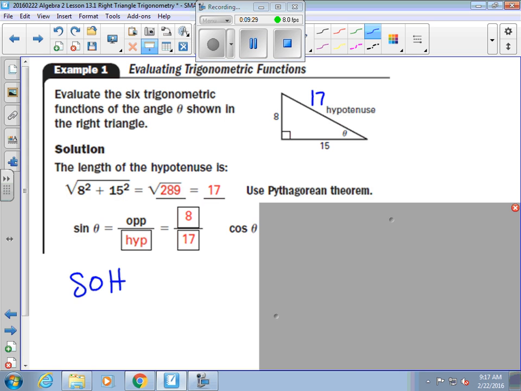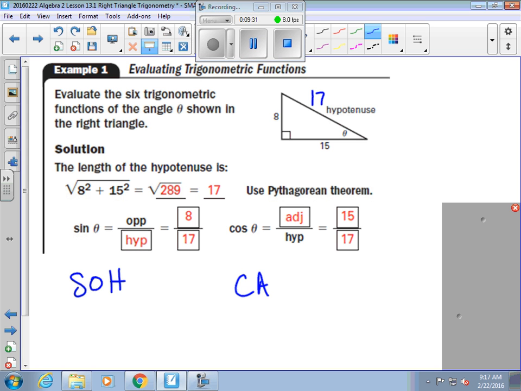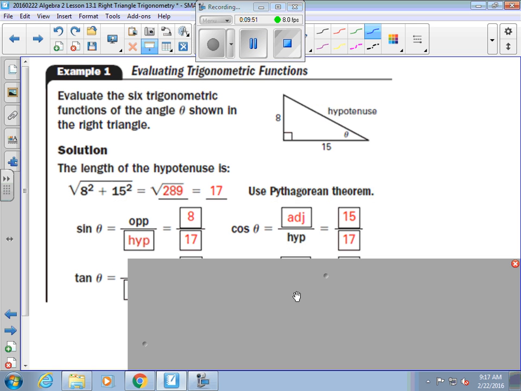The cosine is CAH, again, which is the adjacent over the hypotenuse. And the adjacent, the one next to theta, is 15, over the hypotenuse 17. So those are 2 of the trig functions, sine and cosine. Those were 2 of the 3 original ones that you're familiar with. Tangent is the third one that you're familiar with, TOA.